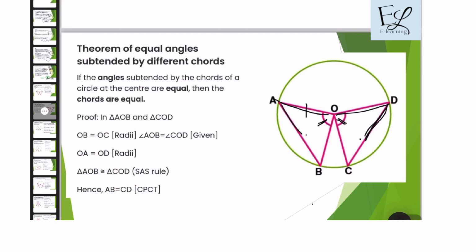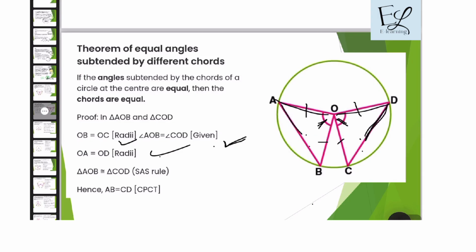Now AO and OD will be equal because they are the radius. Next, OB and OC will be equal, right? They are the radius. Now angle AOB and angle COD, these two angles are given to you. Now we have proved three things here, so we can say these two triangles will be equal.